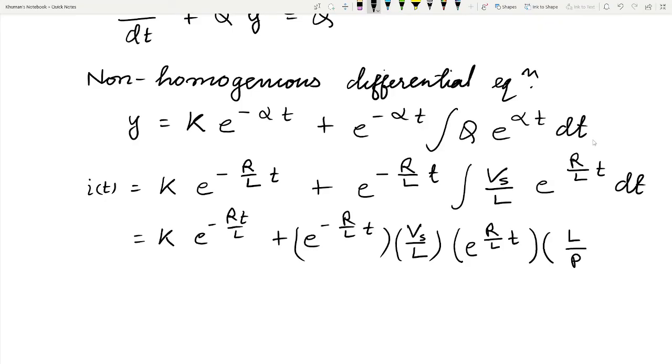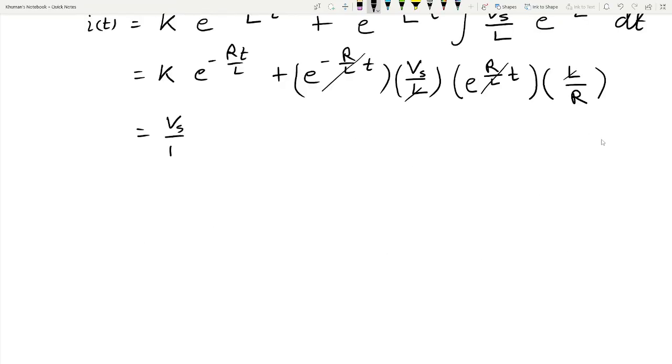Then this L will be cancelled out, and the e to the power minus R by L t and e to the power R by L t will also be cancelled out. Then we can write Vs by R plus k e to the power minus R by L t.